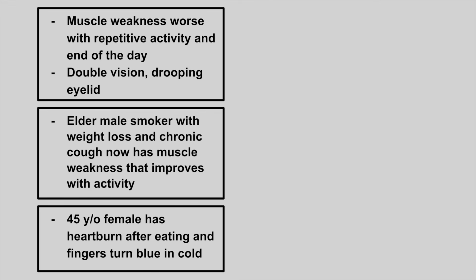Next, we have muscle weakness worse with repetitive activity, and at the end of the day, there's double vision and drooping of the eyelid. So this is myasthenia gravis. Remember, antibodies form against the postsynaptic acetylcholine receptor, and it can also be associated with a thymoma.